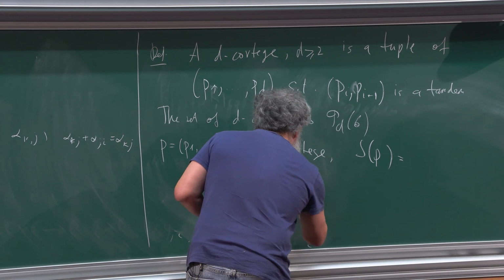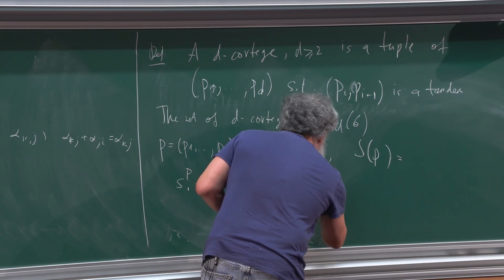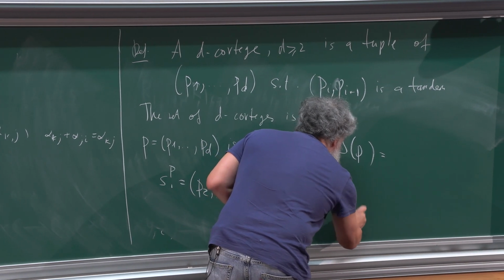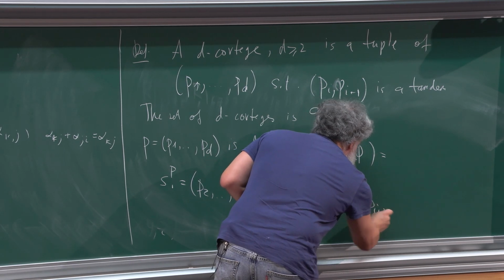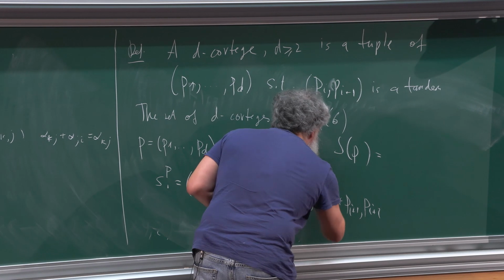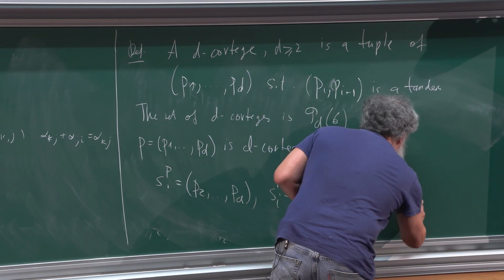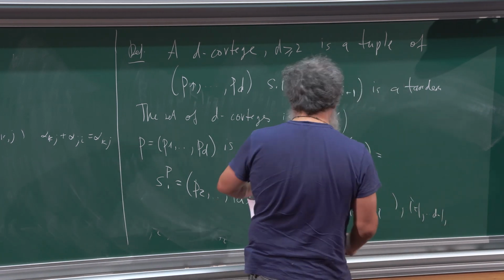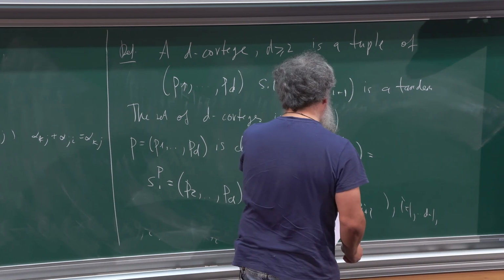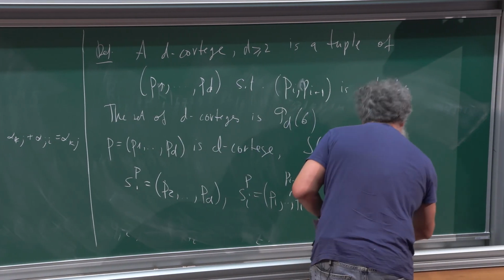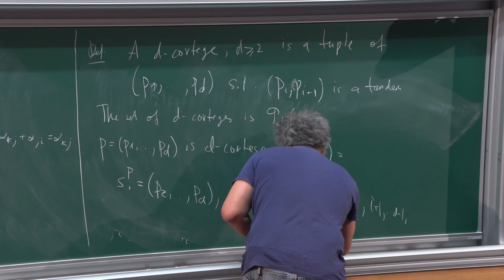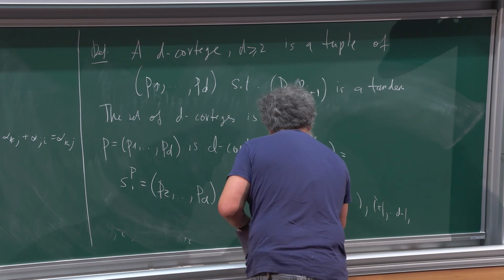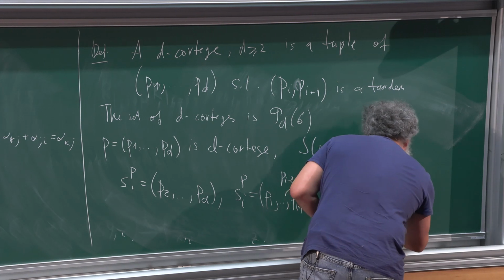Then Si of P is equal to P1, ..., Pi concatenated with Pi plus 1, ..., Pd, for i from 2 to d.